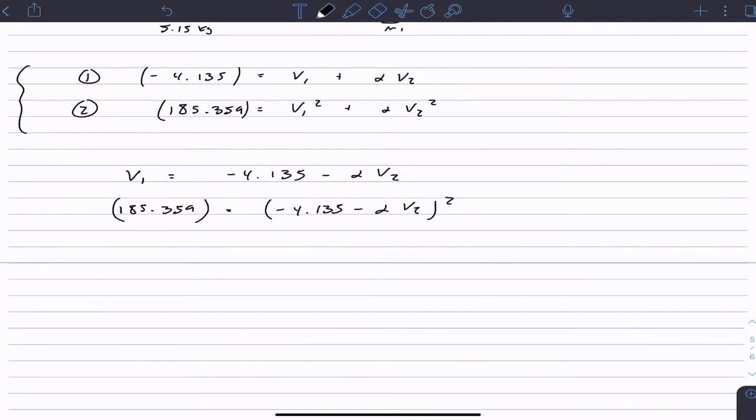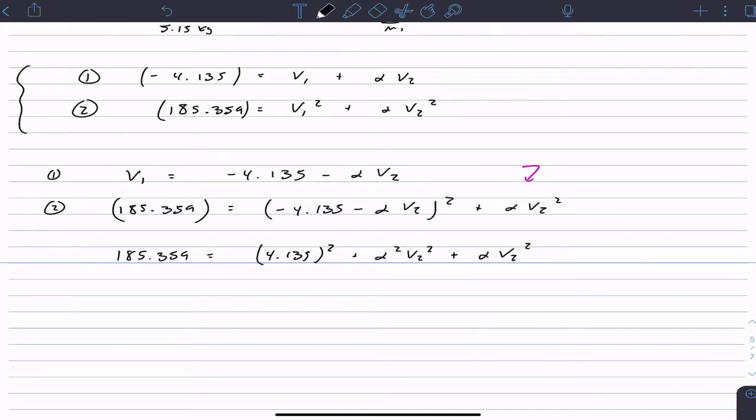V2 squared plus alpha V2 squared. So that gives us equation 1, right? And then this was equation 2, but we plugged in. So now we plugged this into this next equation. So 0.359 is equal to 4.135 squared plus alpha squared V2 squared plus alpha V2 squared.